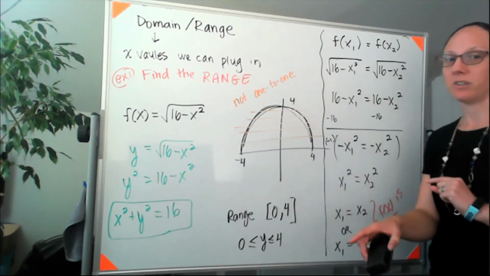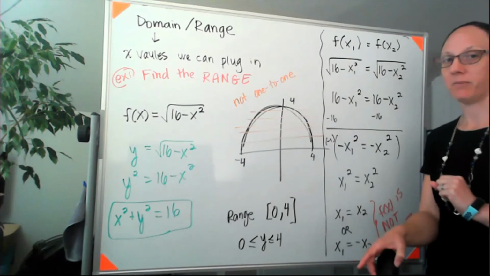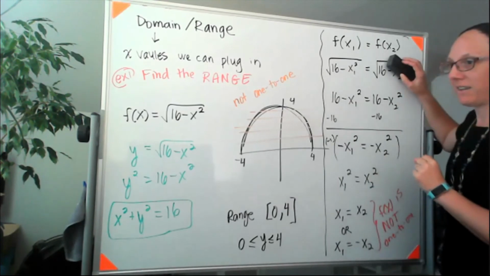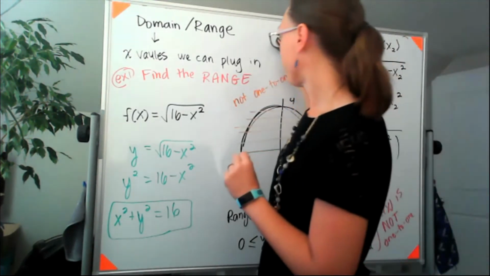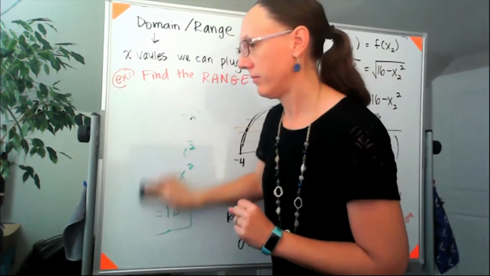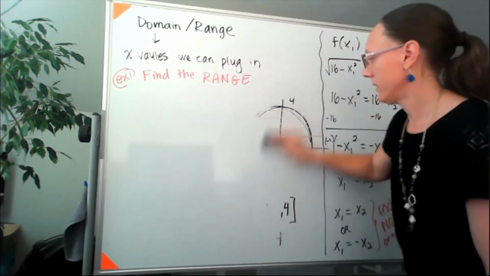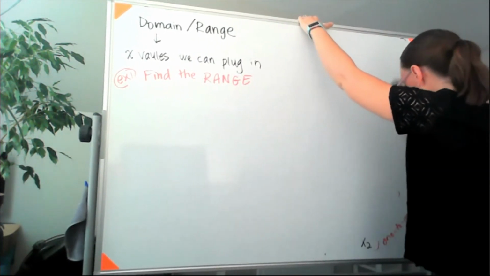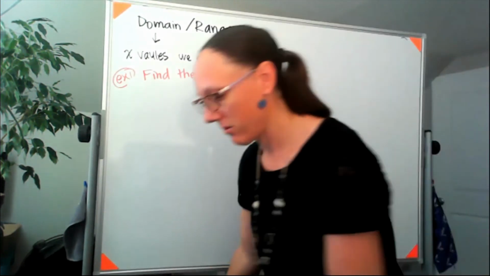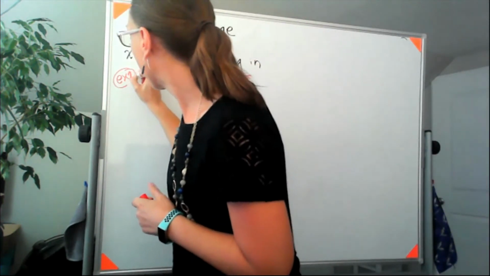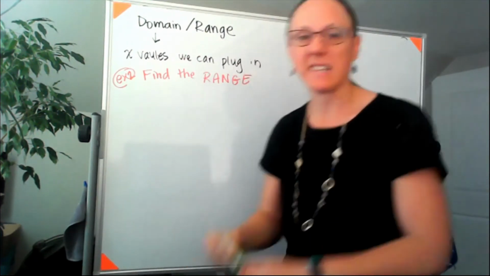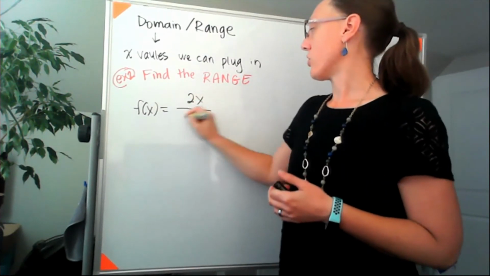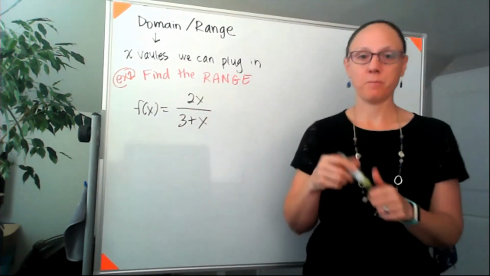Okay, I want to go do another range problem. I want to take a look at my example 2 one. So now if we go back to my example 2, or at least that second function we were working with, f of x equals 2x over 3 plus x.